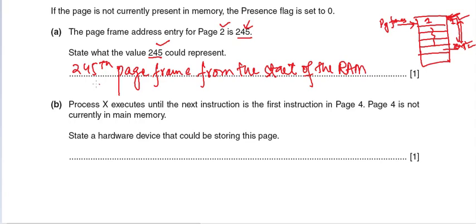I should not be saying the 245th page, I should be saying the 245th page frame, right? These are page frames in the RAM. So the 245th page frame from the start of the RAM.